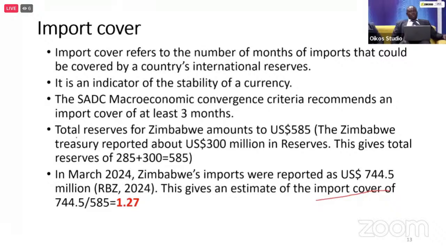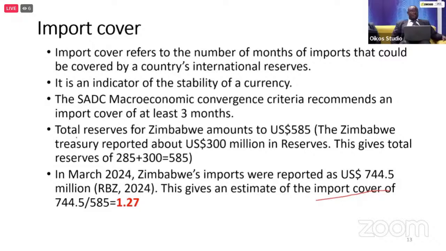So import cover is the number of months that should be covered by the country's reserves. How many months should our reserves last if we were to import goods and services that we often import? So that's what we call import cover. It is an indicator of stability of the currency.